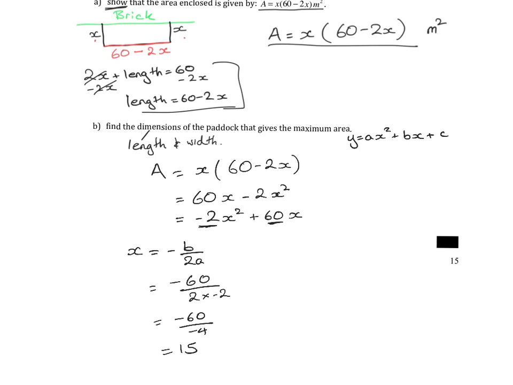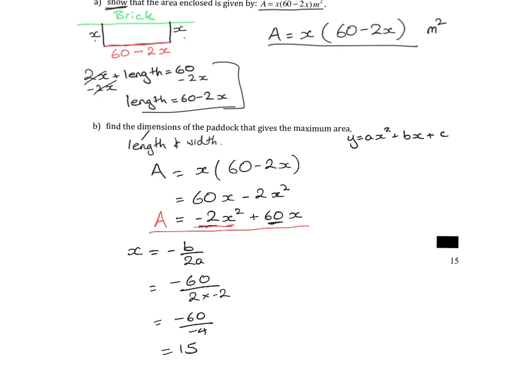Now, girls, you might be thinking, oh, don't we want the x squared term to be positive, but there's a negative there? Why don't we move everything to the other side? Girls, this does not equal 0. This is the area. We are not making this equal 0. So it's not like an equation where we can move everything to another side.